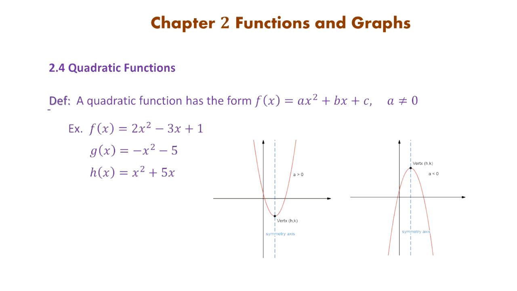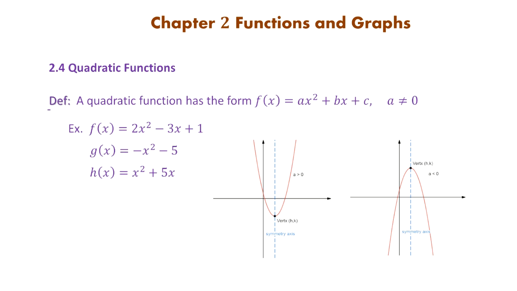What is a quadratic function? f(x) equals ax squared plus bx plus c, where a is not 0. The quadratic equation we talked about before using different methods is ax squared plus bx plus c equal to 0. But now we are talking about the function itself in general. So not exactly the same.